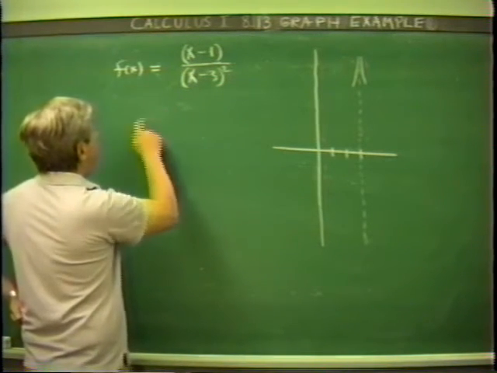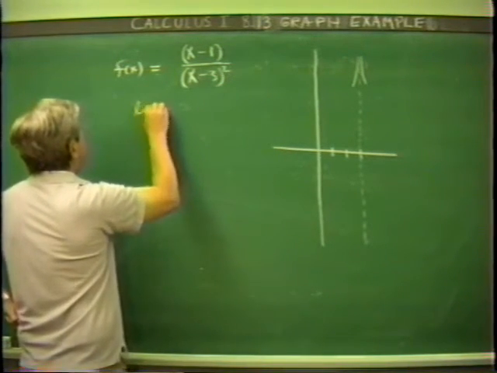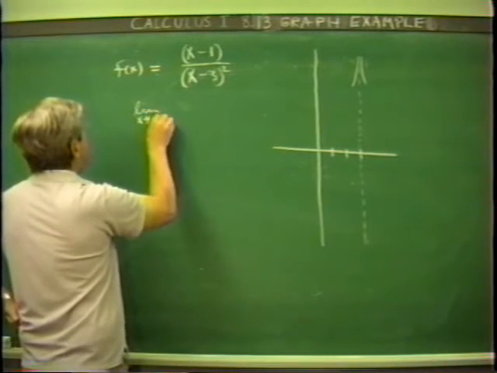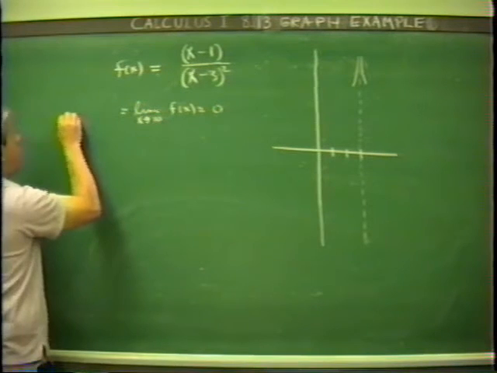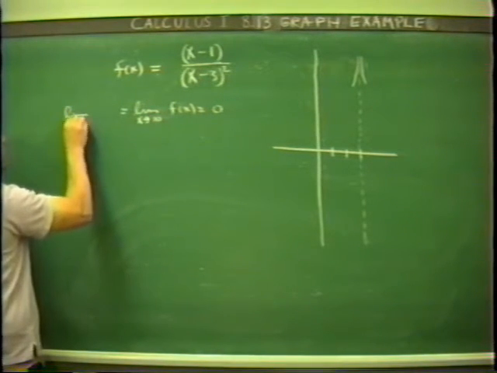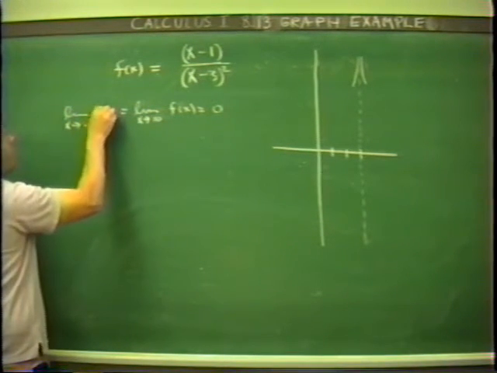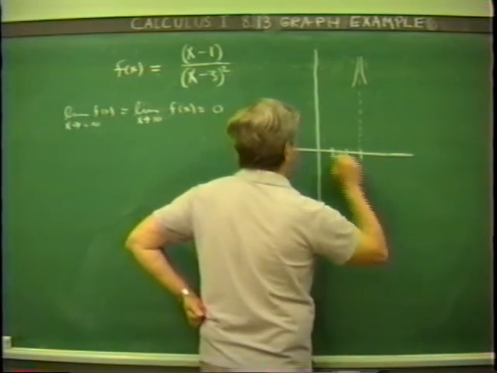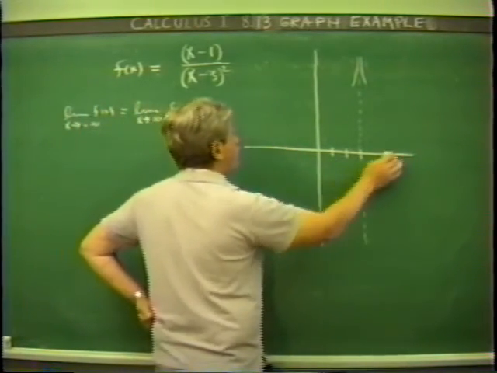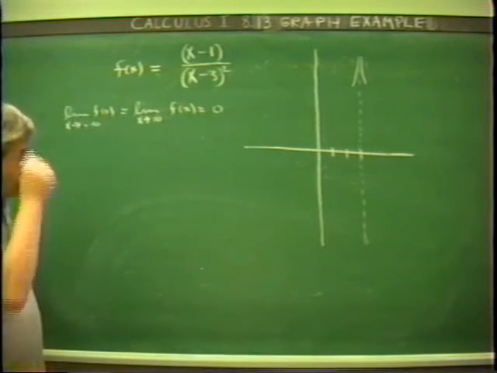Near x equals 3. Since this is a polynomial of degree 2 in the denominator, and this is a polynomial of degree 1 in the numerator, we have that the limit as x approaches infinity of f of x is equal to 0, and that this is also equal to the limit as x approaches minus infinity of f of x.